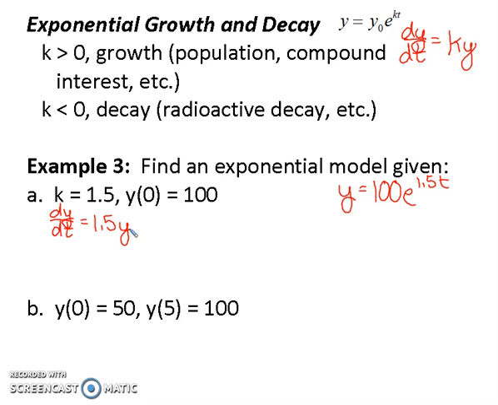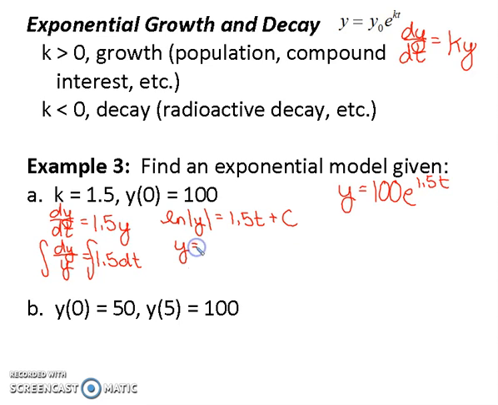To get that, I could separate my variables as I've been doing, integrate both sides, and so we would get the natural log of the absolute value of y equals 1.5t plus c. Then remember, we insert an e on both sides to get rid of the natural log, and that brings the constant in front as a multiplier coefficient.